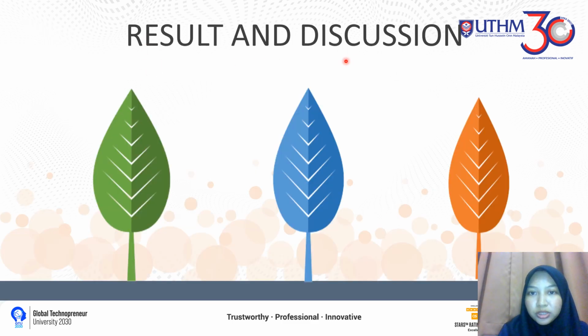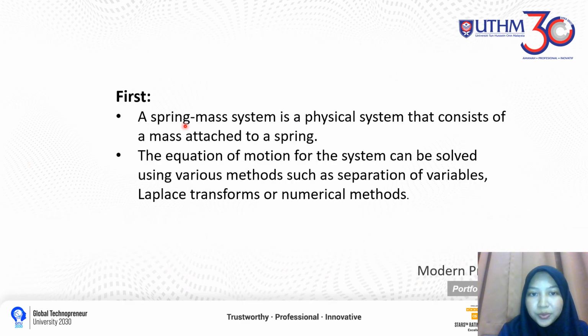Now we move to results and discussion, which has 3 results and 3 discussions. First, a spring mass system is a physical system that consists of a mass attached to a spring. Then the equation of motion for the system can be solved by using various methods such as separation of variables, Laplace transform, and numerical methods.